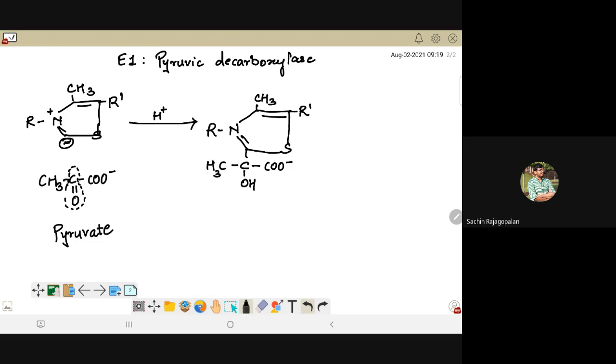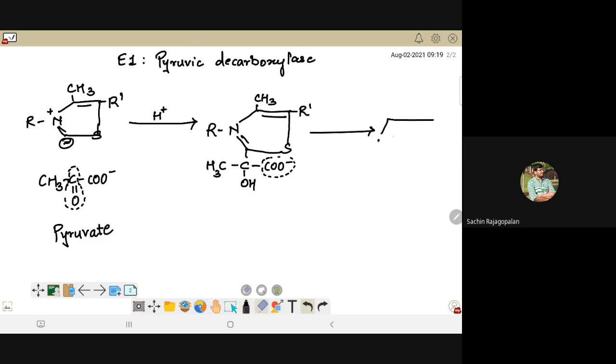Now what we are going to do is get rid of this part. We are going to remove the carboxyl group as carbon dioxide. So you are going to carry out decarboxylation over here, okay? And the product that you get is going to look like this.